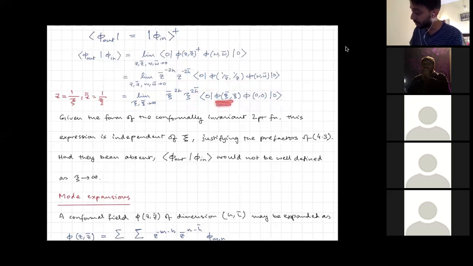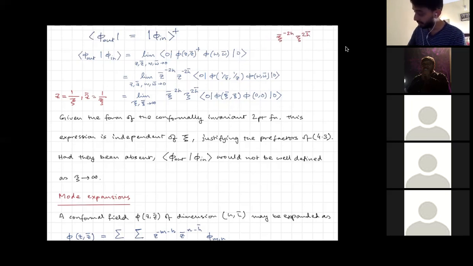These guys are quasi-primary fields, and what we know from before is that this has to go like xi bar to the minus twice h, xi to the minus twice h bar, right?